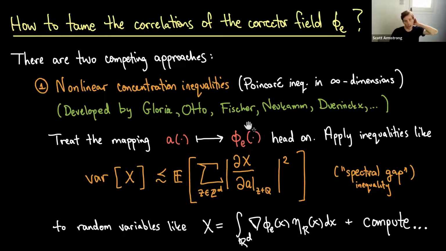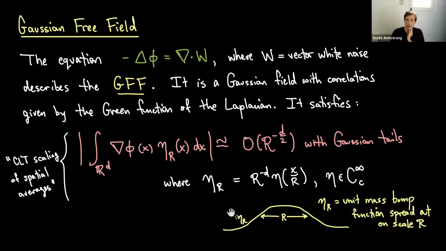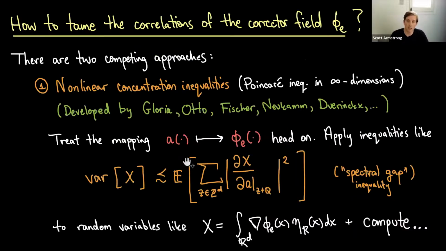For these checkerboard models, they proved this scaling in homogenization. When I was a postdoc, this got my attention, and that's what made me want to work in the field. They made big progress using these nonlinear concentration inequalities, and now it's a giant industry. It's like 2% of German GDP, I think, now.